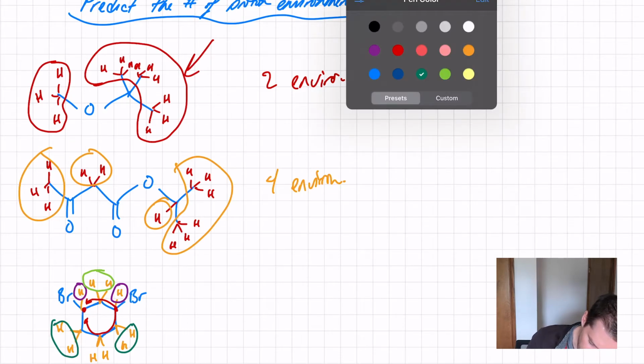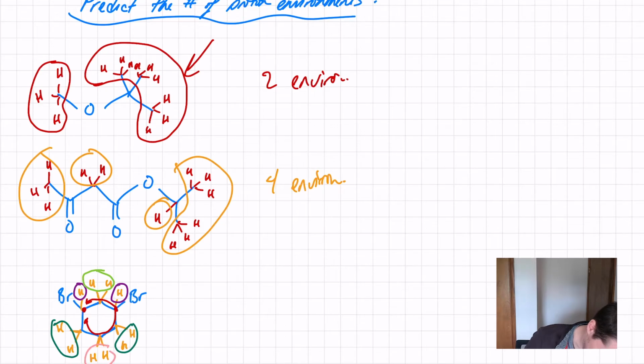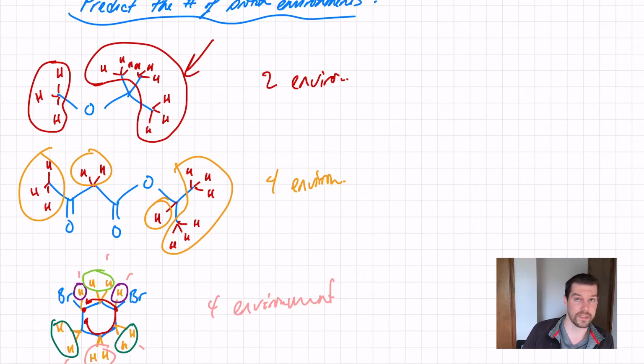And then finally, that's the same environment. So here we have 1, 2, 3, 4 unique environments on this one as well. So if there's symmetry within a compound, we would expect to see that the proton environments on different carbons are actually the same environment. So keep an eye out for that kind of symmetry. All right, so that's just determining the number of proton environments.